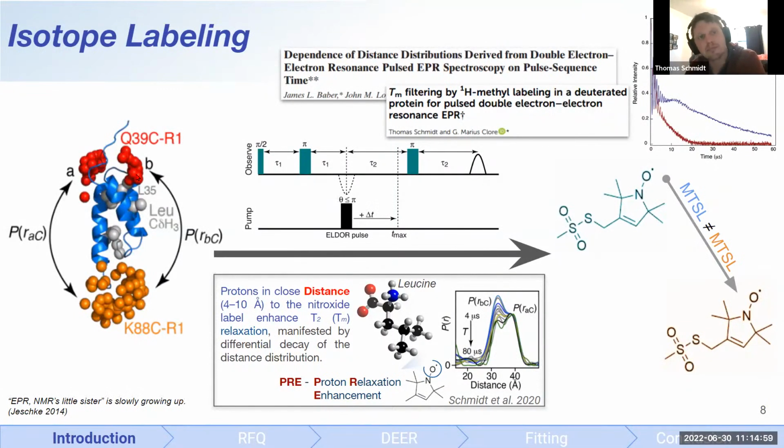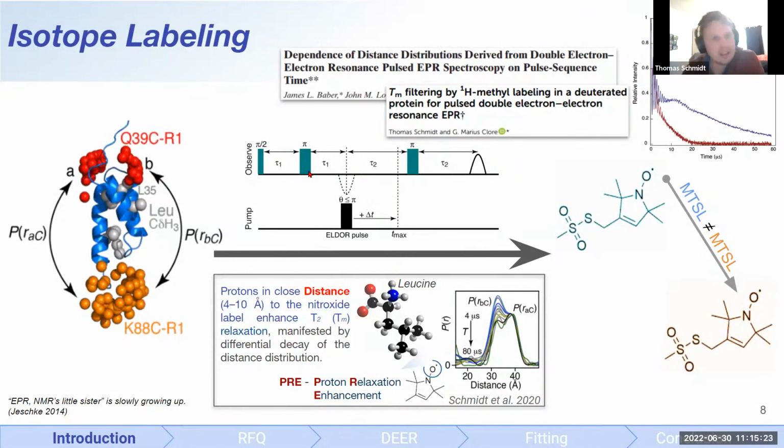Now, if I have protons located only near one rotamer population, meaning that leucine 35 is in very close approximation to the B rotamer population, this coupling between the electron and the proton will cause a rapid decay of this distance compared to the other one.